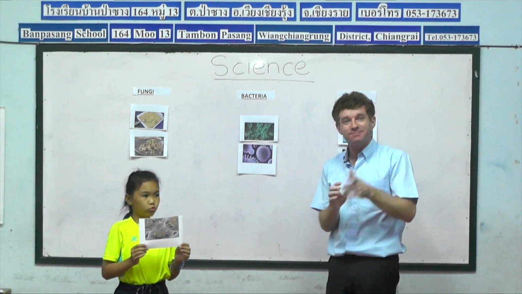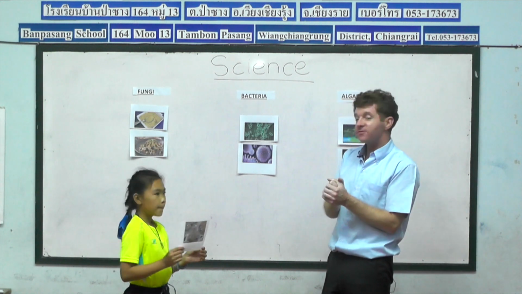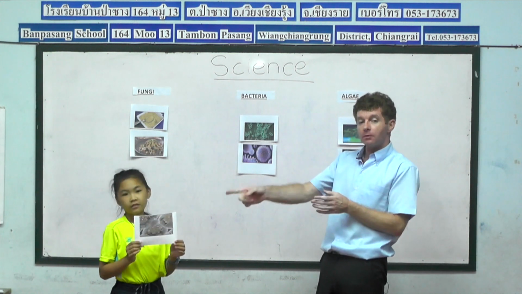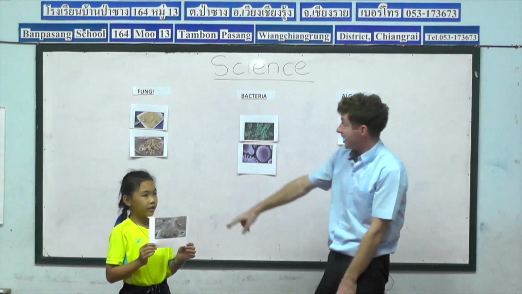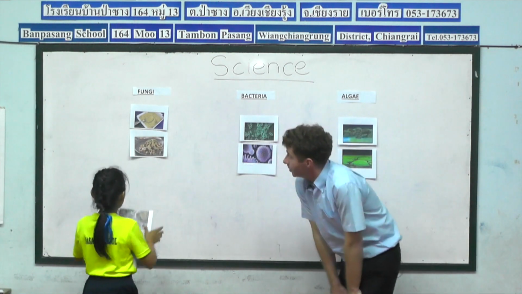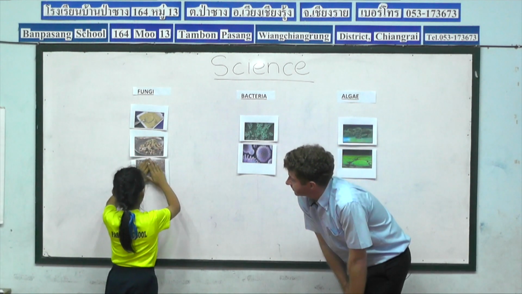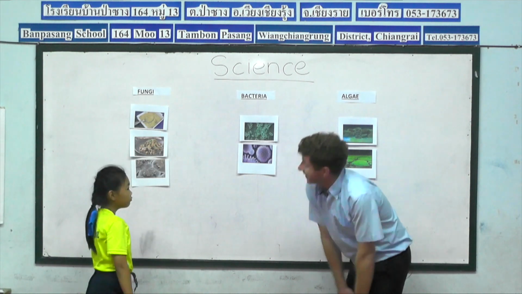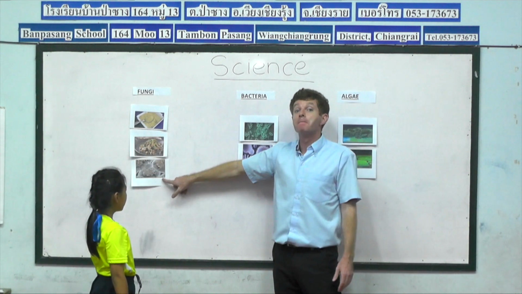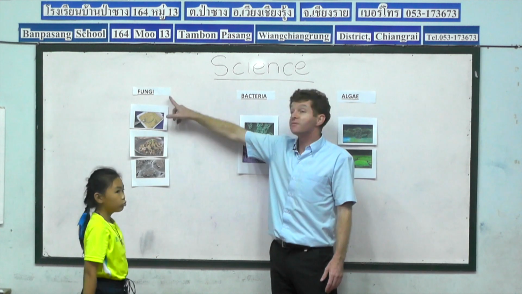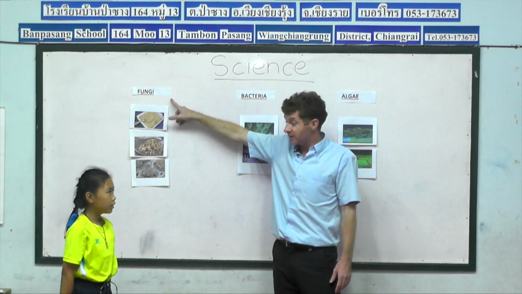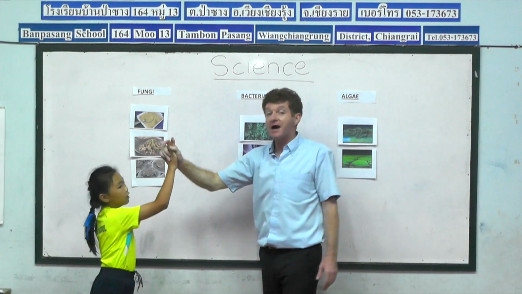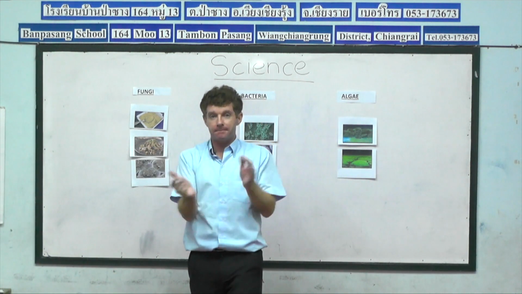Mold, yes, mold, well done. And what type of other living thing is mold? Fungi, yes. So again, Nadia, we can place it here. That's excellent. So one more time, mold, fungi. Brilliant. Nadia, that's excellent. High five, big round of applause for Nadia.